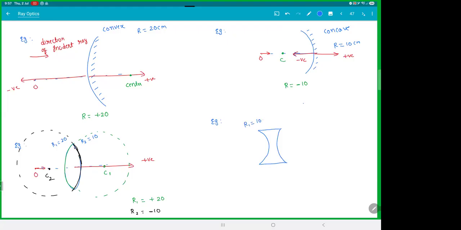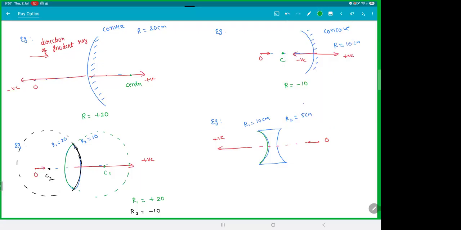Let's say R1 is 10 centimeters and R2 is 5 centimeters. Again, it all depends on where the object is. Suppose the object is here. Now can you tell me what R1 and R2 are? Light rays are going this way. This is positive.